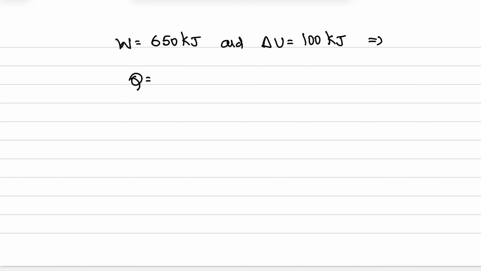Now we got the value of W as 650 kilojoules and change in internal energy is equal to 100 kilojoules. Therefore, Q is equal to delta U plus W, that is 100 kilojoules plus 650 kilojoules, equal to 750 kilojoules.